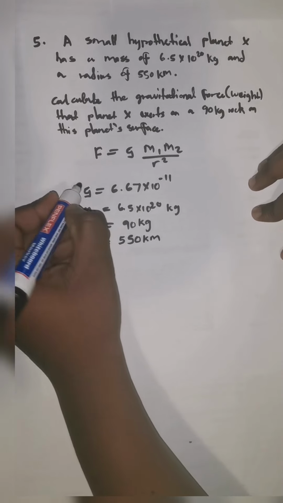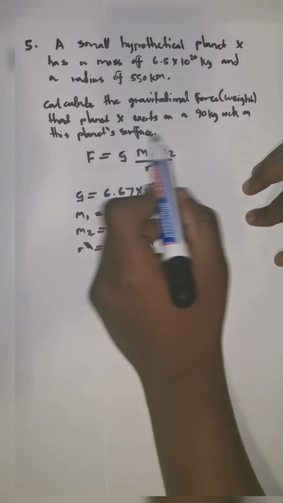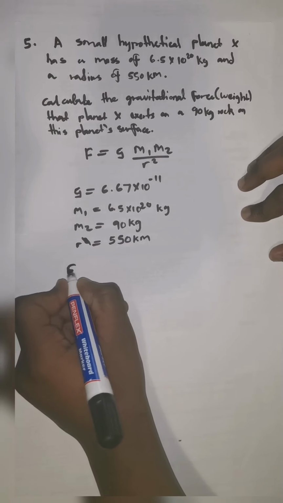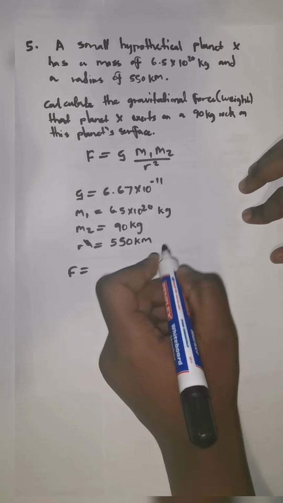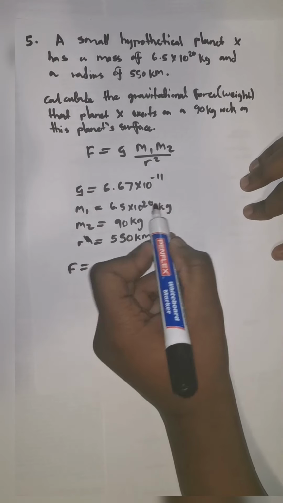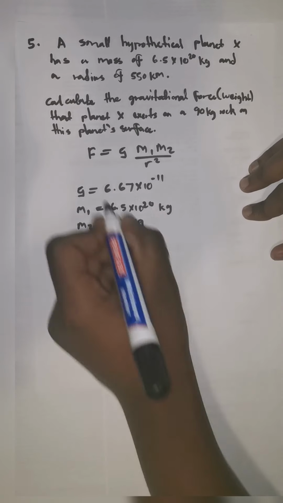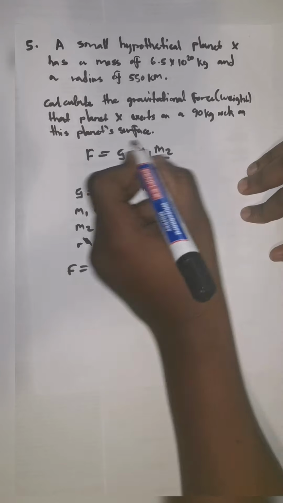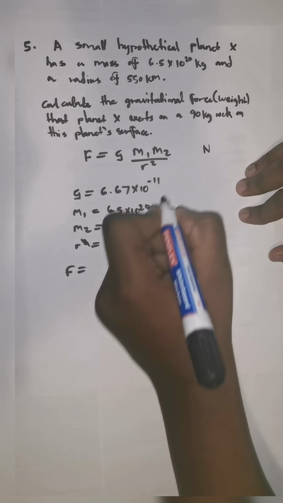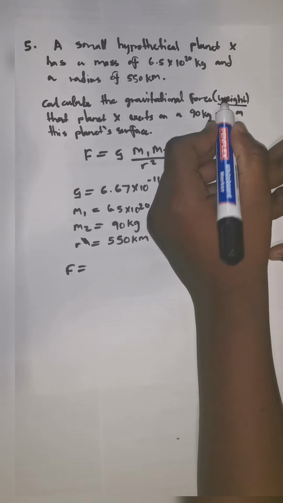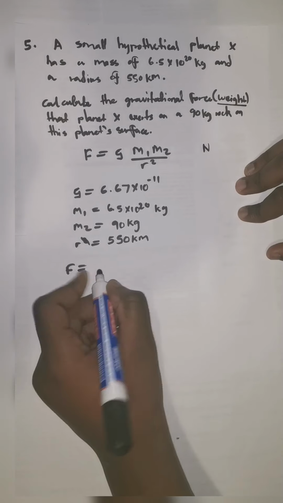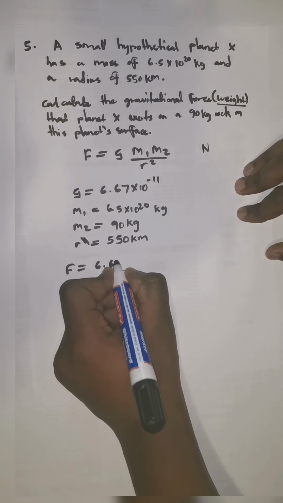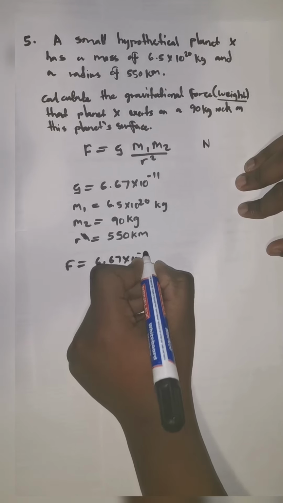So as you can see, we have all the values in this equation to calculate the gravitational force. And since it's a force, the unit is newtons, and remember, it's actually a weight in a way. So let me just directly substitute.